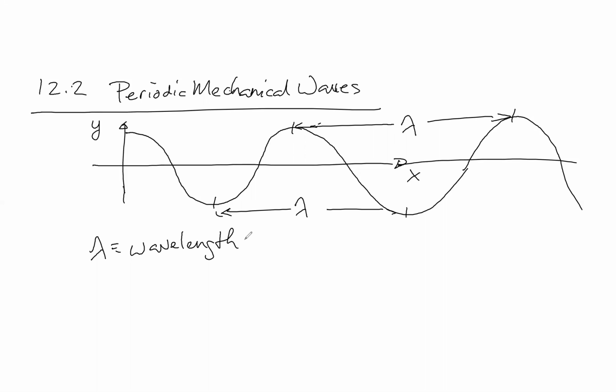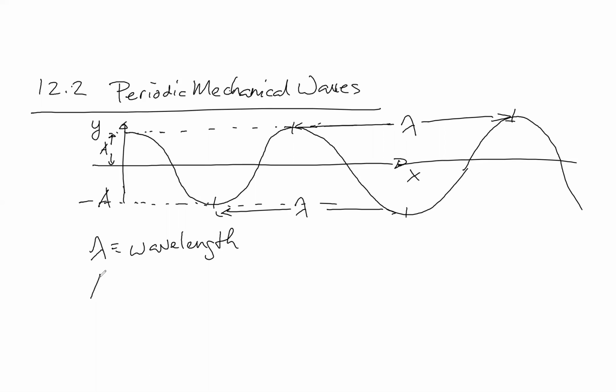I also notice that when I look at that disturbance happening in the y direction, it has some maximum value for each one of these peaks. And that distance from the top of the wave to the middle point, to the 0 point, is A. For these troughs, they're going to have a displacement of minus A. So a disturbance on that wave will move from A at the maximum to minus A at the minimum.